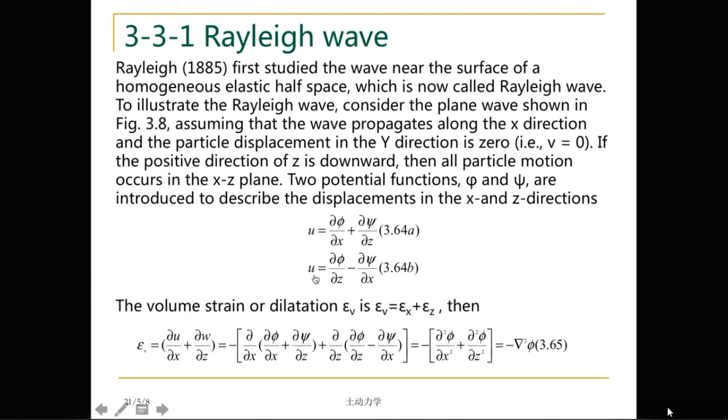And another, w equals dphi/dz minus dpsi/dx. The volume strain or dilatation epsilon v is epsilon x plus epsilon z. Then substitute this into the equation.